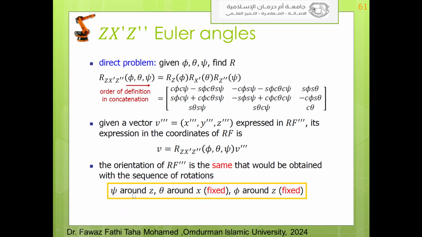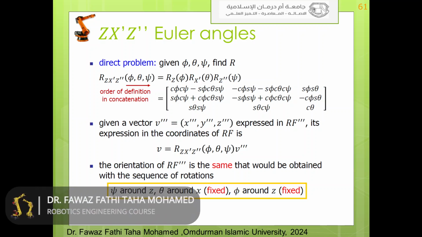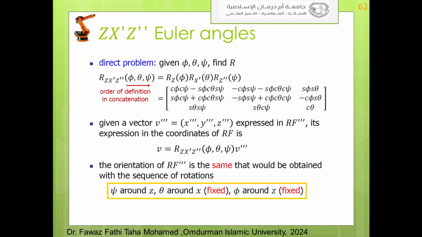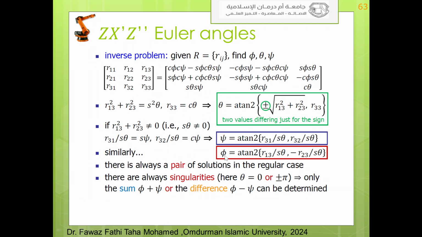For the fixed case, we just reverse the order: around z with the same angle psi, then theta around fixed x, and then phi around z. We will also see the proof for this, and this proof can also be used to prove the pre-multiplication formula in general.